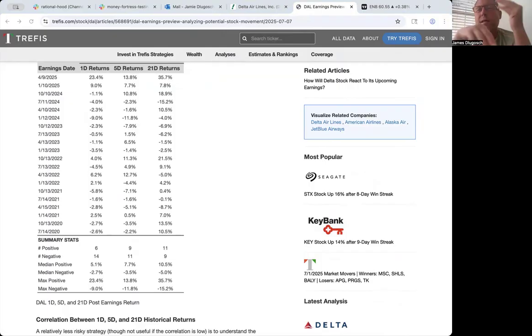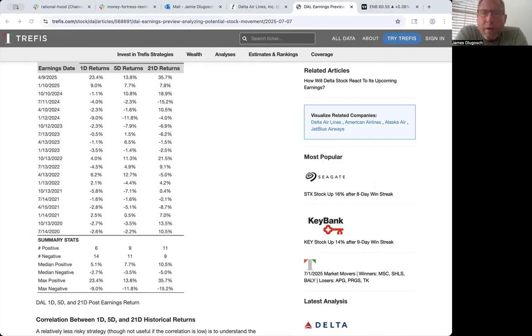And again, you correlate all of this data, it starts forming a pattern that we can use to set our trade. Two standard deviations below the mean for Delta is 46.61. That would be minus 7.7%.